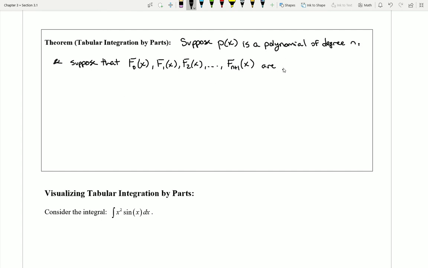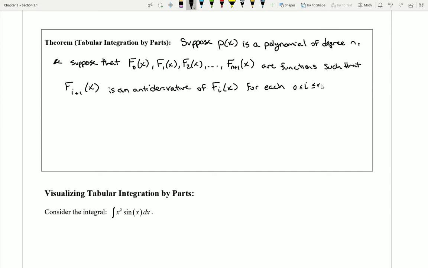Well, let's suppose that these are functions such that f of i plus 1, so that is, if I picked a number to plug in place of i, and then I added 1 to that, so it's kind of like a function over on the right somewhere, like a higher up function, is an antiderivative of f little i of x for each i that goes from 0 up to n.